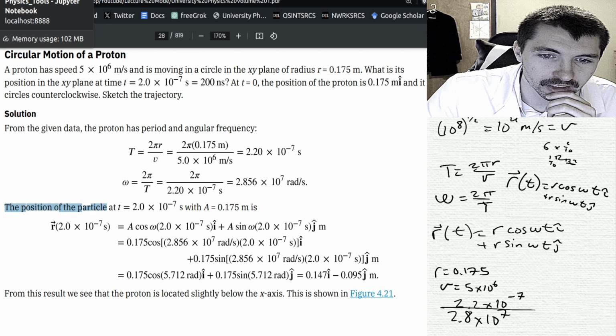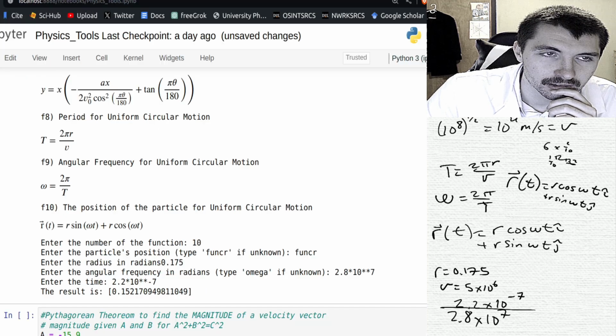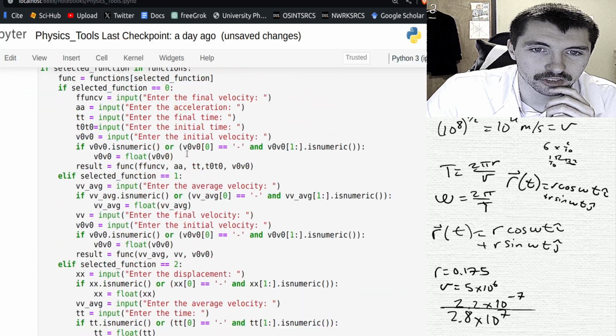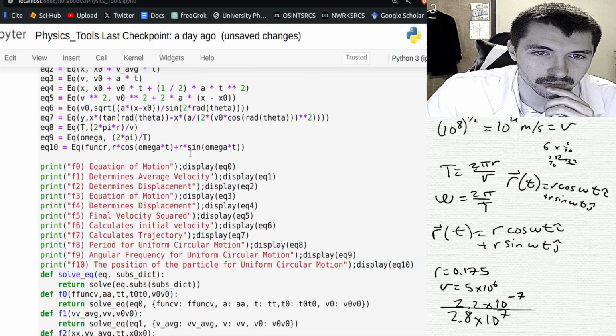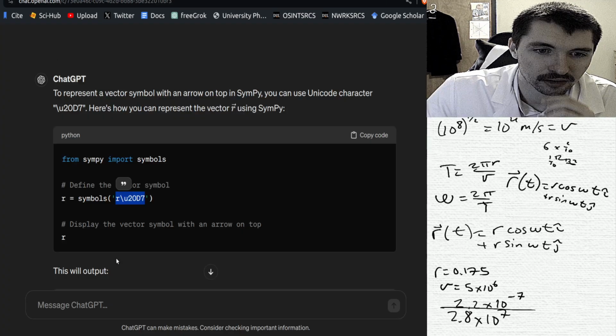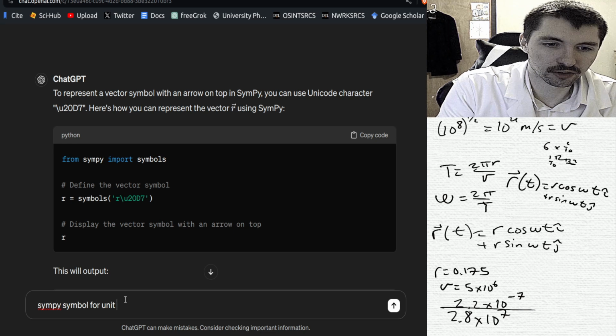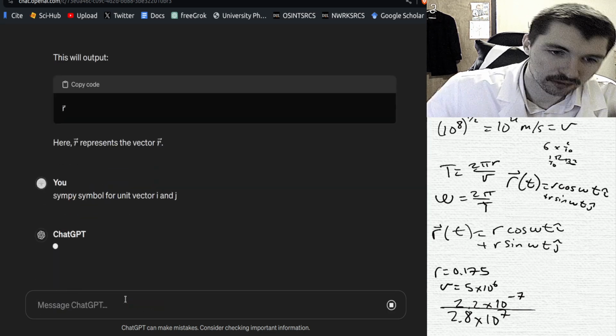So we actually need to add the unit vectors here. The symbol for unit vectors i and j.